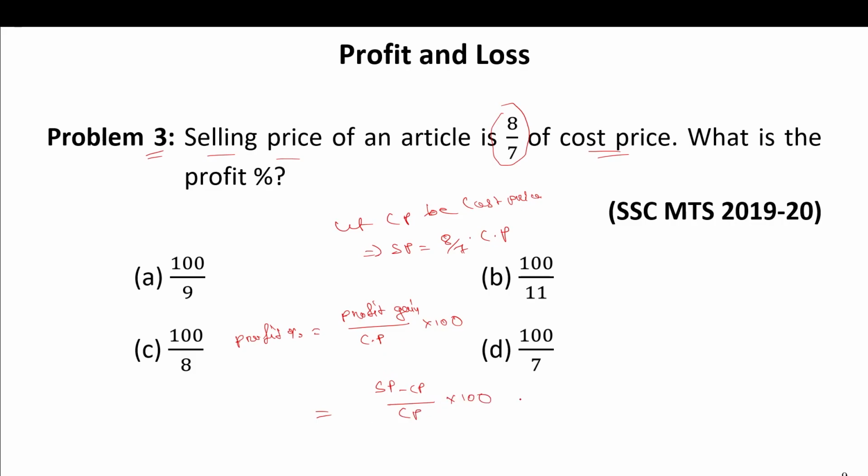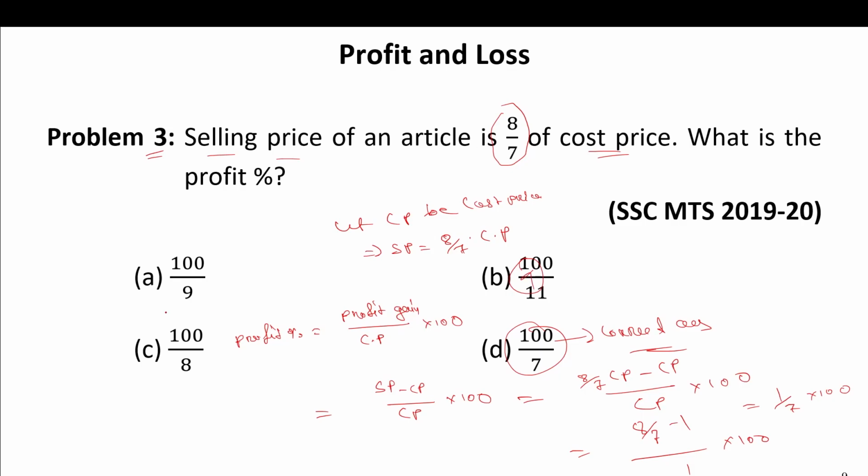SP is what? We have calculated 8 by 7 CP, minus CP, whole by CP into 100, right? So cancelling this CP out, 8 by 7 minus 1, into 100. So this is equal to 1 by 7 into 100. Okay, so it is 100 by 7 is the correct answer here.